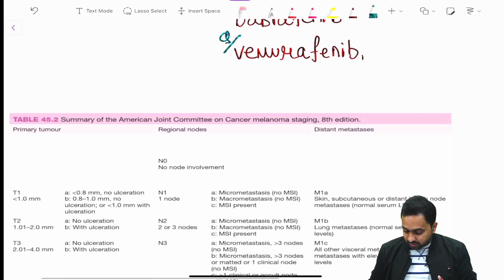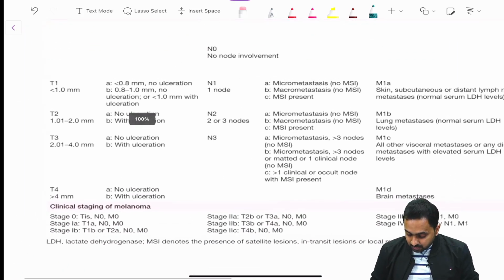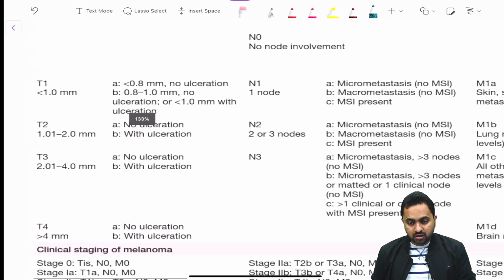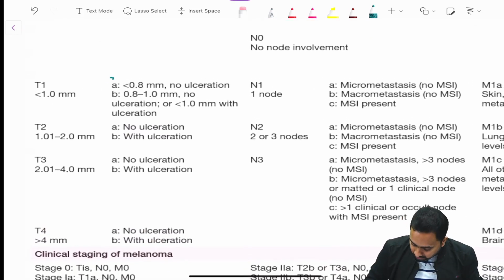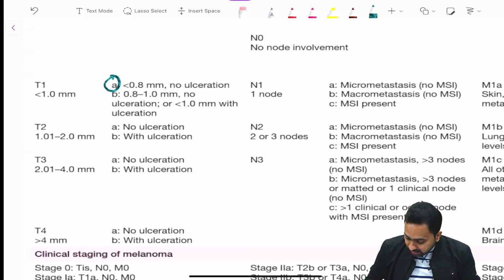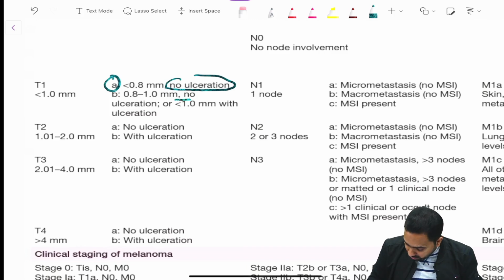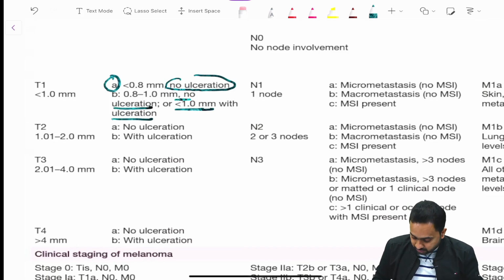Now, regarding your staging of your malignant melanoma, we have your T1 staging, right, which is A. T1 in general is less than 1 mm. T1A is less than 0.8 mm with no ulceration, and T1B is 0.8 to 1 mm with no ulceration, or less than 1 mm with ulceration.